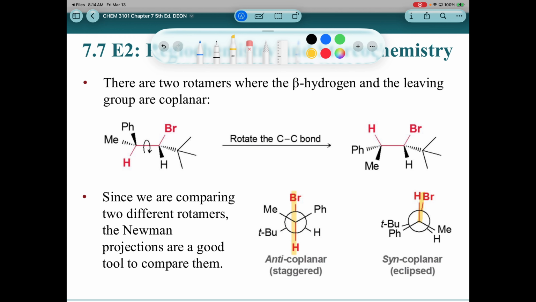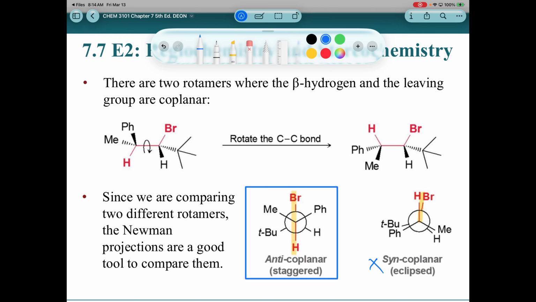However, when it comes to the elimination reaction occurring, it only happens when the hydrogen and the leaving group are anti-coplanar to each other. It actually doesn't happen when they're syn-coplanar. Thus, if everything is not presented to us on a silver platter, what we'll have to do is draw a Newman projection and change the conformation so that the leaving group and the hydrogen are anti-coplanar to each other.